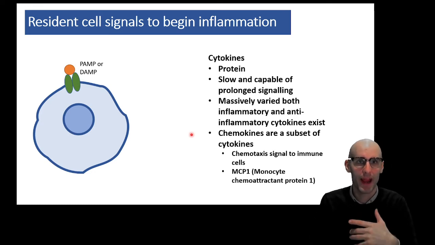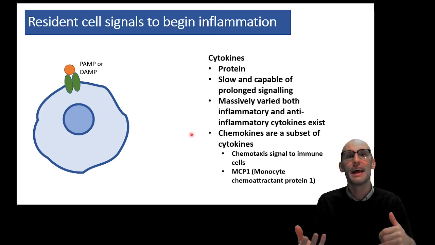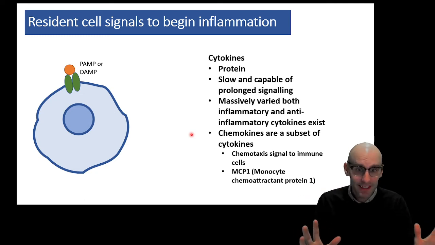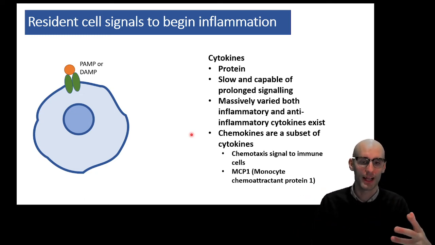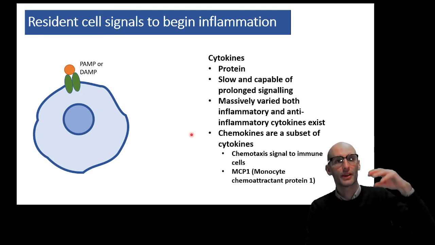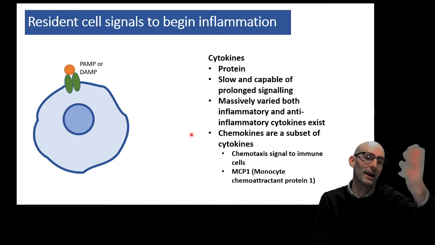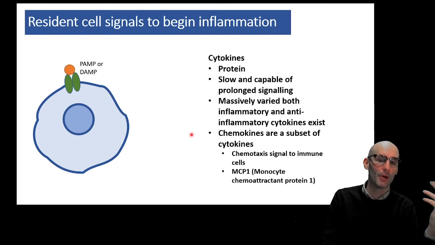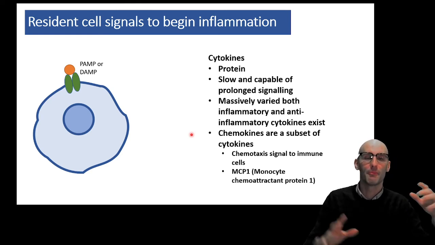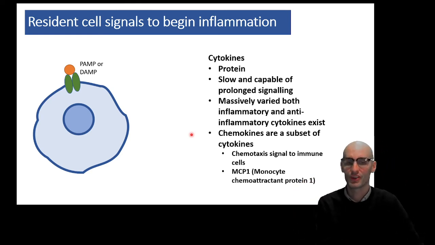So that's a great way to remember it. So cytokines that have a chemotaxis component are called chemokines. So they signal to the immune cells to go up the concentration gradient to find the location of tissue damage. And a good one is MCP1, which is monocyte chemoattractant protein 1. So MCP1, monocytes will climb up the concentration gradient towards that.